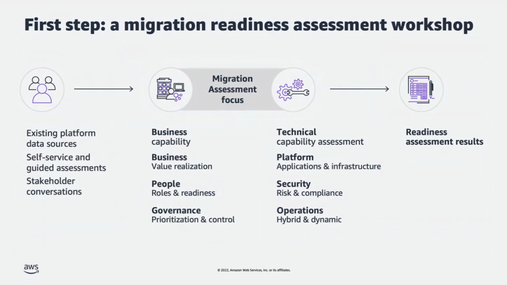Therefore, when considering an IoT modernization or migration project, many customers also ask, well, where should I begin? AWS has found that a one-day migration readiness assessment workshop is an effective tool for both technical and business owners to work with AWS resources to assess what an AWS IoT platform migration looks like and to see what your readiness is across different key dimensions using the AWS Well-Architected Framework.